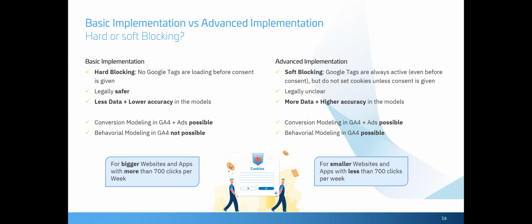The only difference is that we send them the signals. So here you don't block anything. We just tell Google, please don't do something, and then it's up to Google to do it. In the basic implementation, due to the hard blocking, Google can't track unless we enable them. So that's this topic.